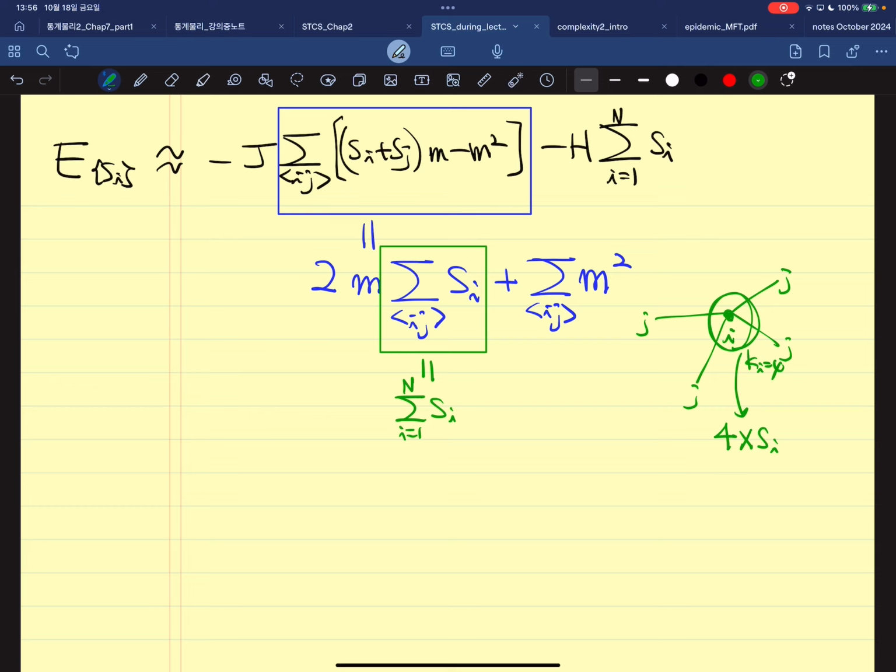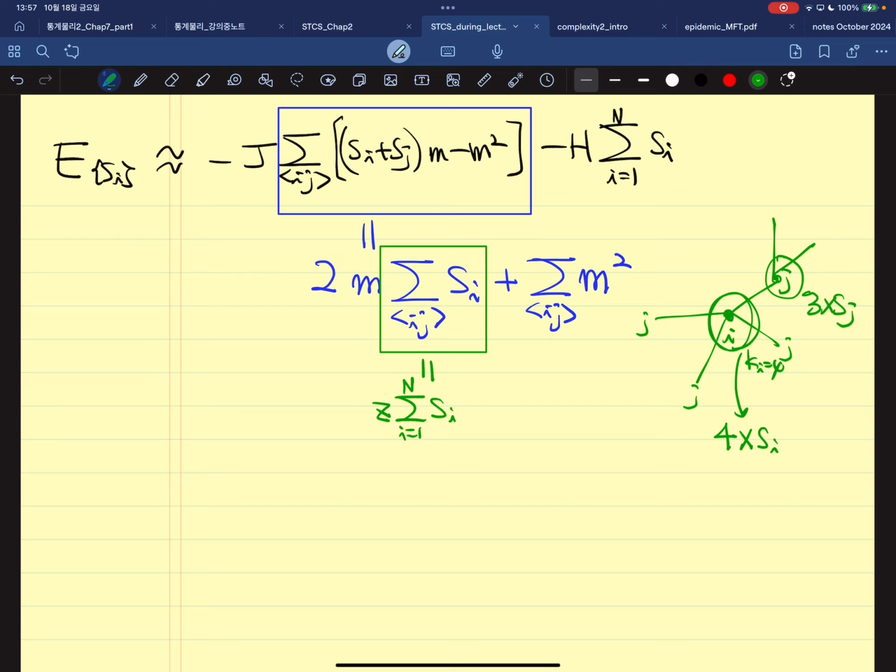In other cases, for example, if this one has a J, and this J has 3 neighbors, then 3 times Sj, etc. But suppose we have a much simpler network, where all the degrees are the same, or the coordination number is Z. Then we can consider the summation as Z times the sum of Si.